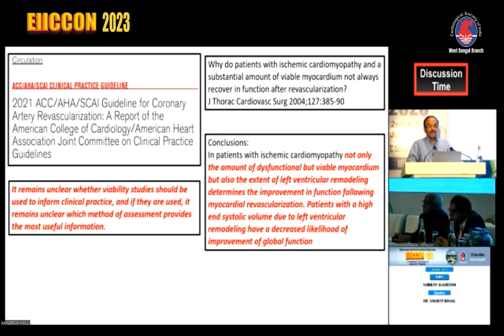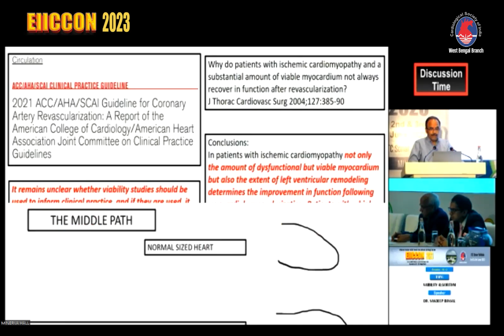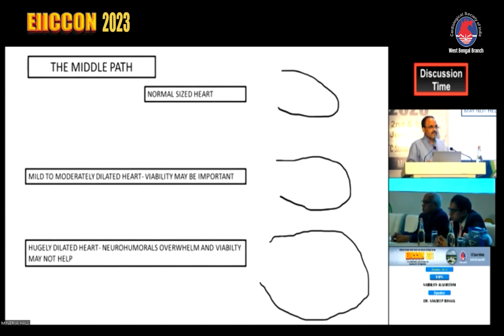There is a paper published in the Journal of Thoracic and Cardiovascular Surgery, which tells you that it is not just the amount of dysfunctional but viable myocardium, but also the left ventricular volume, which is important. So I've tried to draw this in this chart. The first one shows a normal sized heart. The heart then dilates and we have a mild to moderately dilated heart.